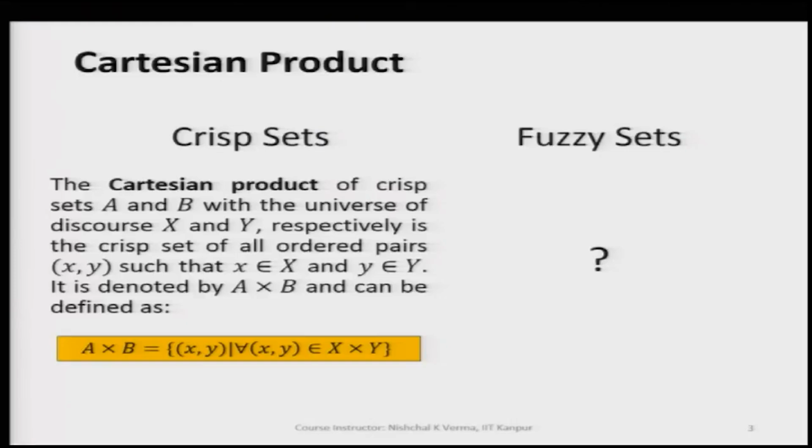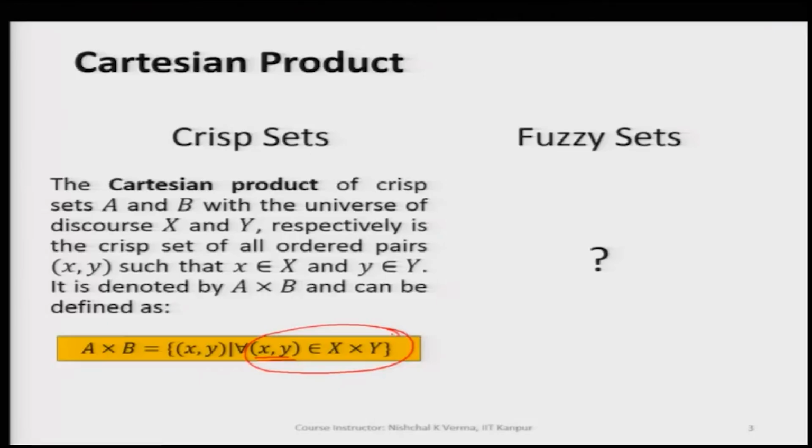So, we can say that the Cartesian product of crisp sets A and B with the universe of discourse capital X and capital Y respectively is the crisp set of all ordered pairs (x, y), such that small x belongs to capital X and small y belongs to capital Y, and it is denoted by A cross B. All these ordered pairs (x, y) must belong to the universe of discourse capital X cross capital Y. This must be understood: all these ordered pairs will be from the universe of discourse that has been created from capital X and capital Y by taking the Cartesian product.